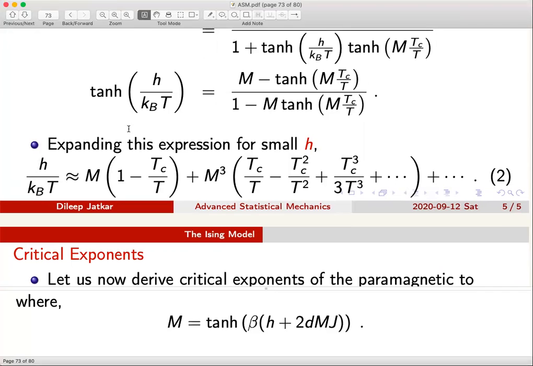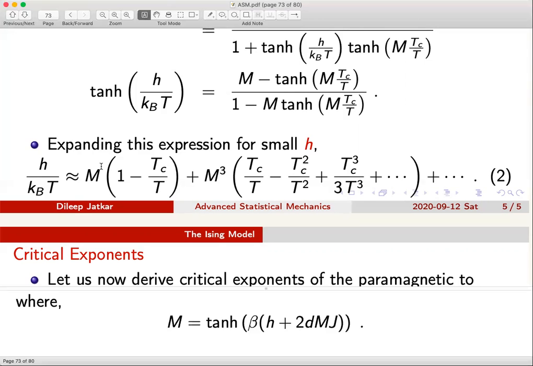So what I was trying to say was that if you take the magnetic field small, then to leading order you can do an expansion like this on the right hand side also, because the effective magnetization also would be small. And your point is well taken that the magnetization would be non-zero a little above Tc also, simply because the external magnetic field is inducing it.